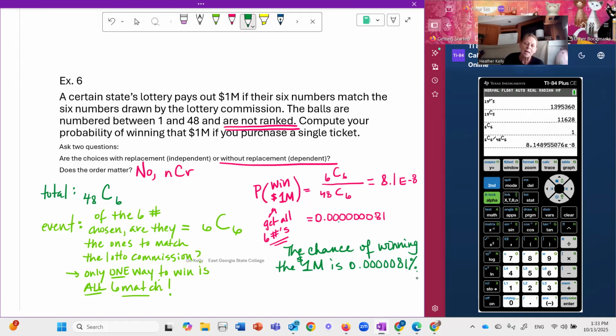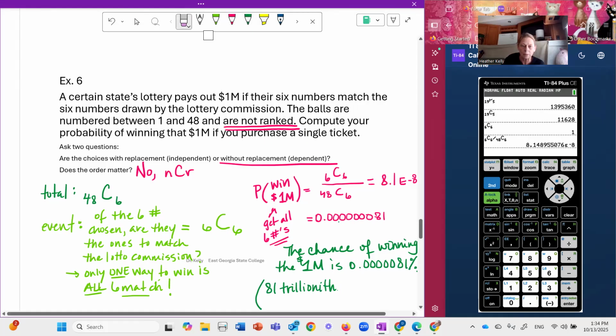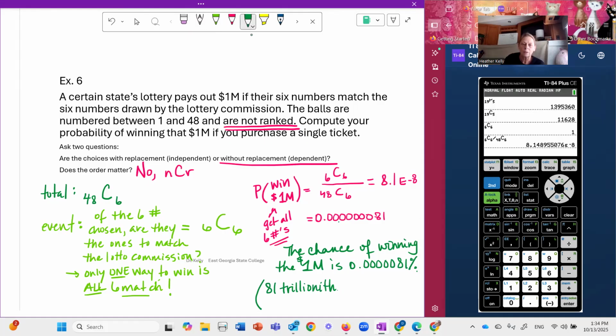So it's 81 trillionth, not an S, trillionth of 1%. 81 trillionth of 1%.